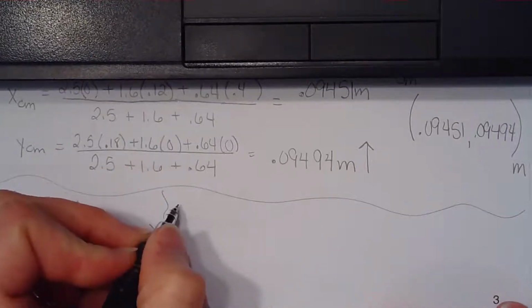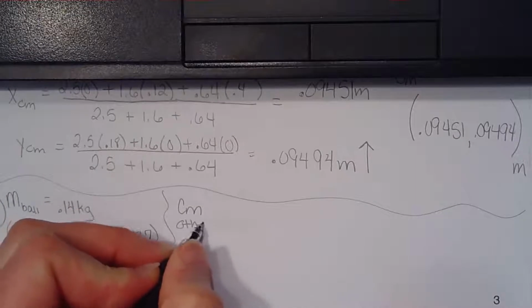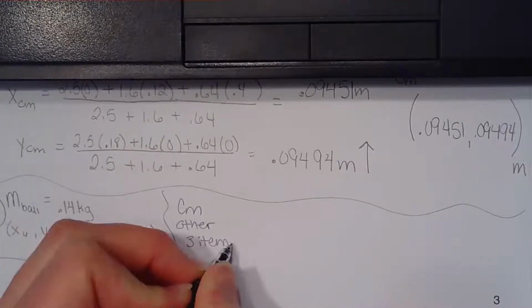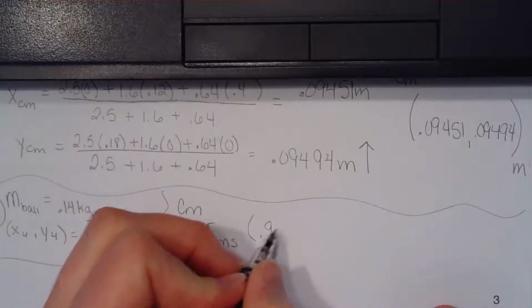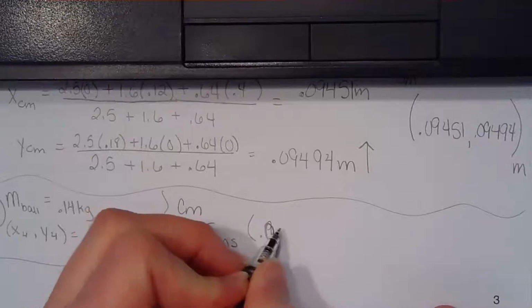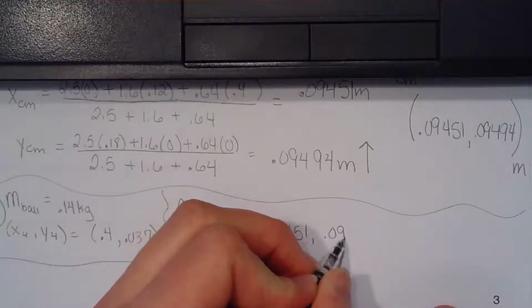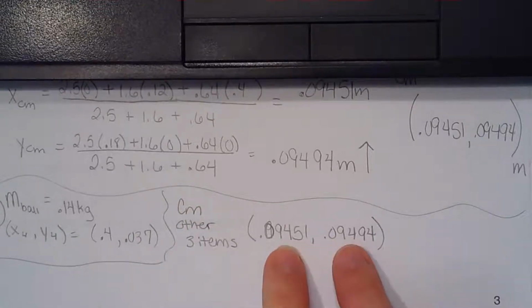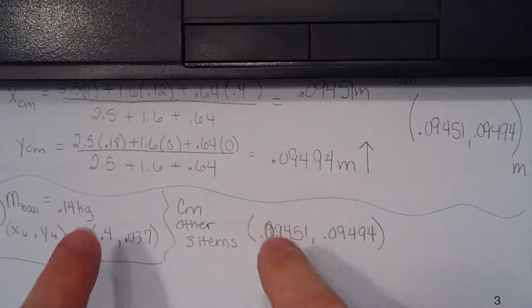The center of mass for the other three items, we already found, at 0.0945, 0.09494. So we can treat the other three items as one item altogether, and that way we just have two items to do together.